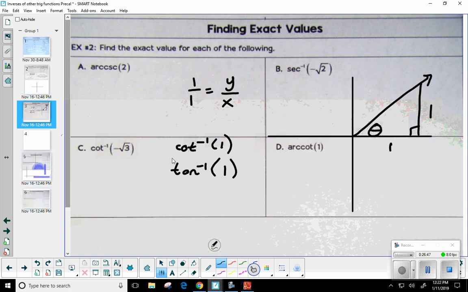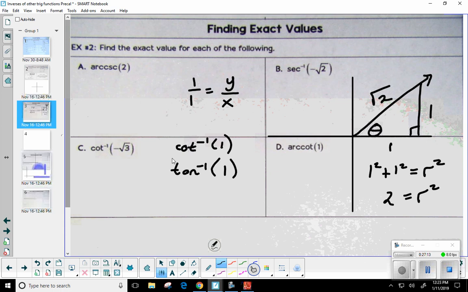And now what? So 1 squared plus 1 squared is equal to r squared. 1 squared is 1. 1 plus 1 is 2 equals r squared. And then r would be the square root of 2, right?